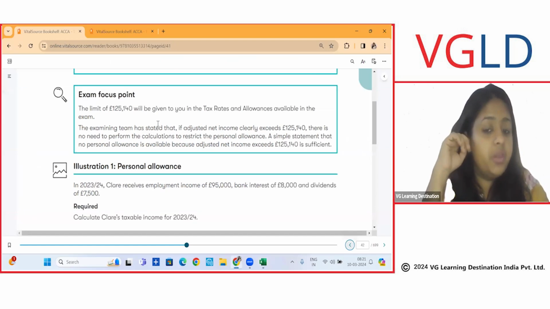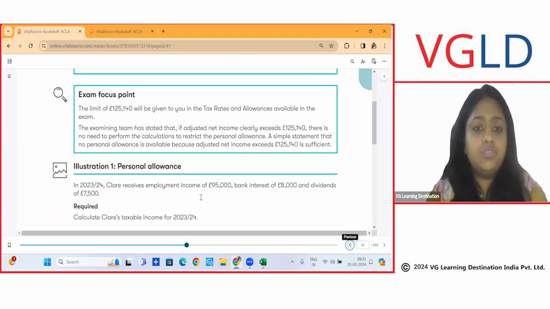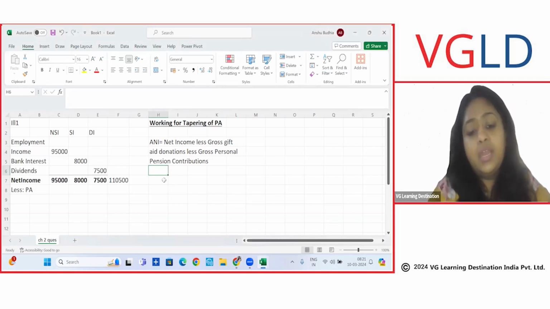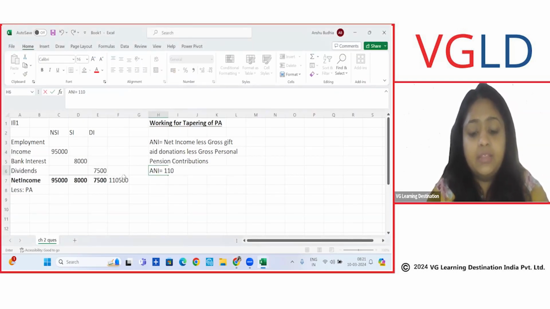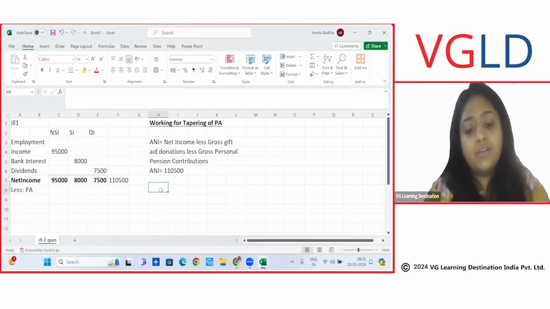Is the question giving you any detail about the gross gifted donations or personal pension contributions? No, there's nothing given. So here ANI will be equal to NI only. ANI will be then the same 1,10,500, right? Because there is nothing to reduce.